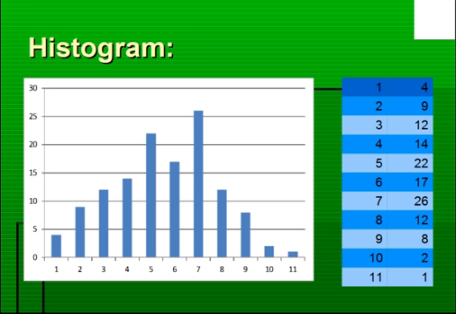So the histogram provides a complete picture of the data. On the right hand side we have listed the data. There are 4 households of size 1, and in the histogram we see the picture that size 1 has 4 households contained in it, and then size 2 has 9 households, meaning that in our original sample of 127, 9 of the households are such that they have 2 people living in them.